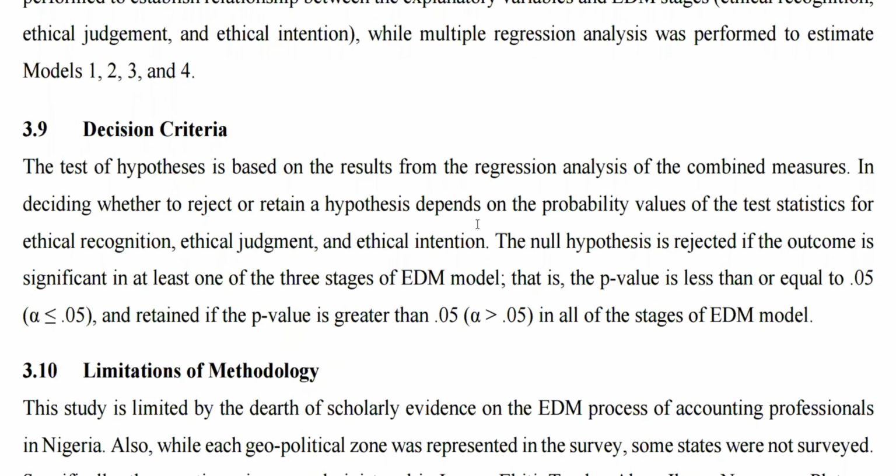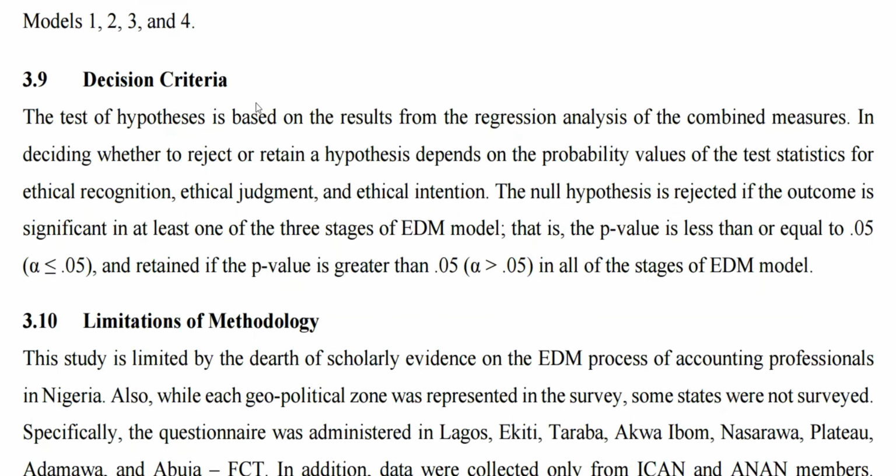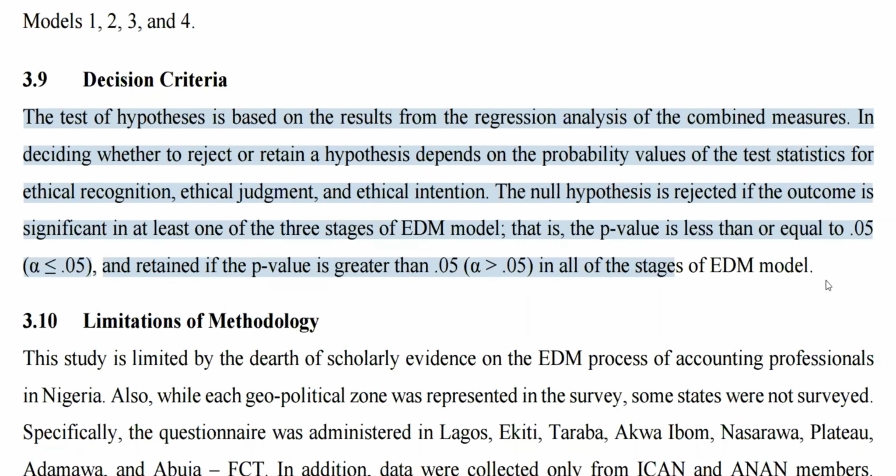The other two aspects, decision criteria, are optional. For decision criteria, you only state at what point we accept a hypothesis and at what point we reject a hypothesis. That is what we mean by decision criteria.